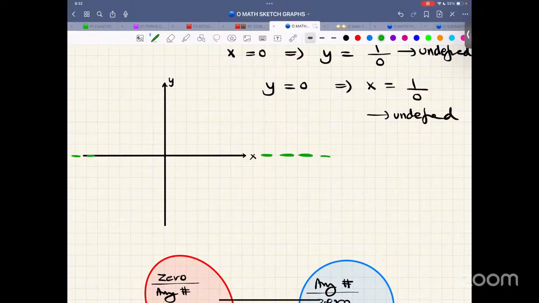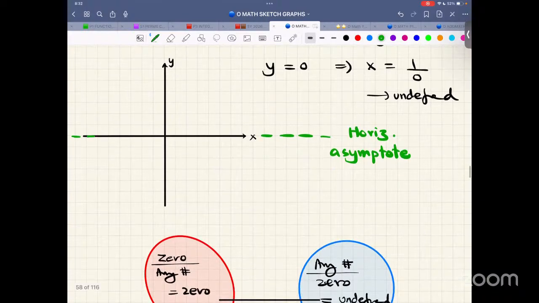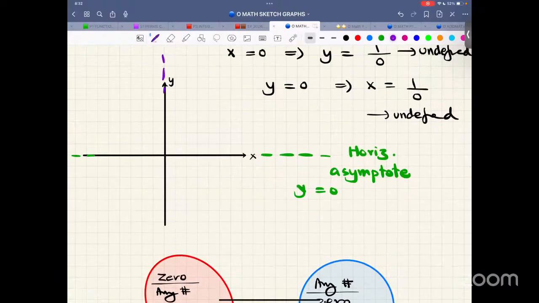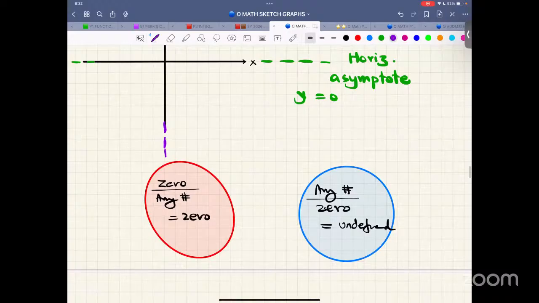This is a horizontal asymptote, that is y equals 0. And over here, there is a vertical asymptote, that is x equals 0.